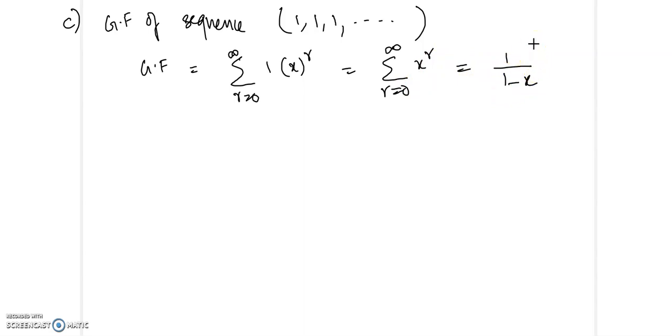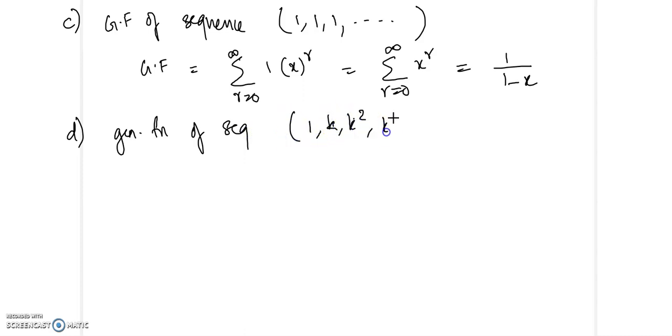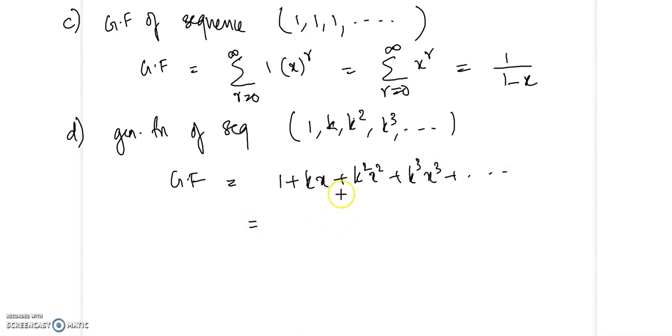And similarly, for the sequence 1, k, k square, k cube, etc, the generating function will be given by 1 plus kx plus k square x square plus k cube x cube plus etc. This is again in the form of a geometric series, so 1 by 1 minus kx.